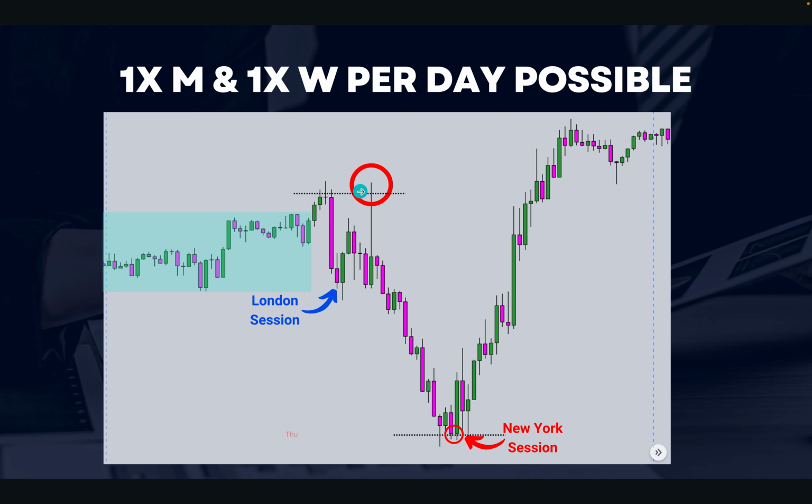And once again, as we said, a lot of times we use these wicks as our confirmation or candlestick entry pattern. M formation, and then 5 hours after London session, we have New York session. W formation off of the low to completely reverse the market.